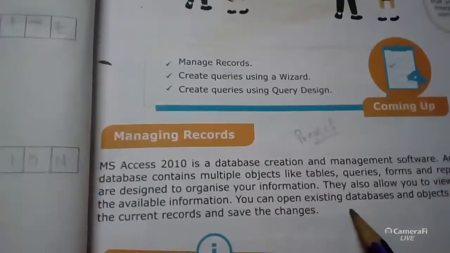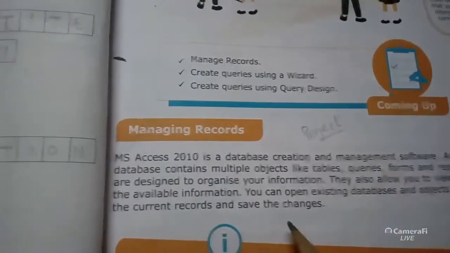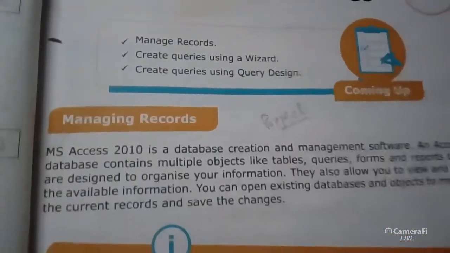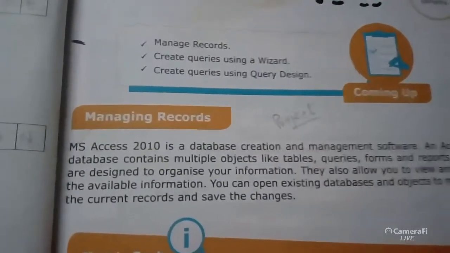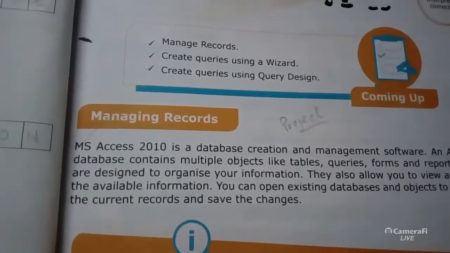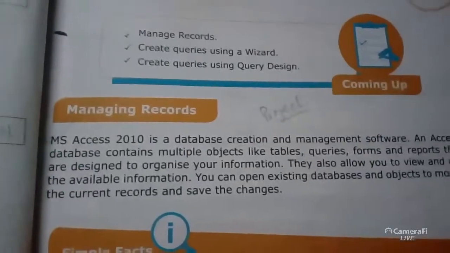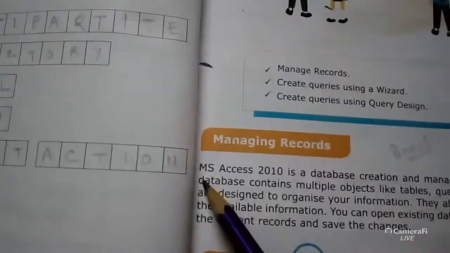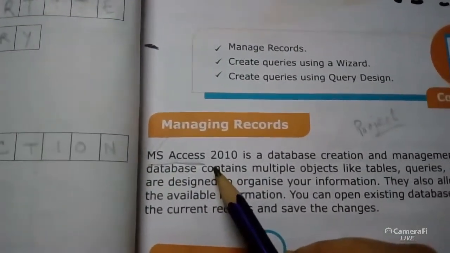You can open existing databases and objects to modify the current records and save the changes. That means normally what you have learned in MS Excel, you can enter data, add, use formulas, and edit the database. But here we have more facilities in MS Access. That is MS Access.